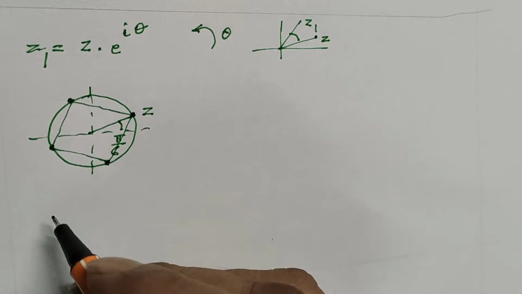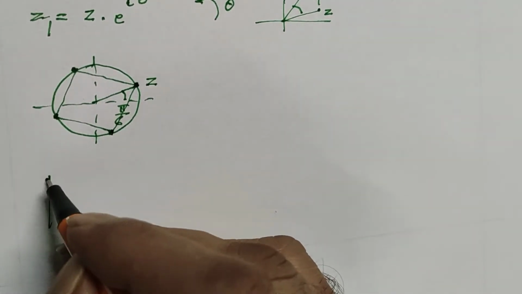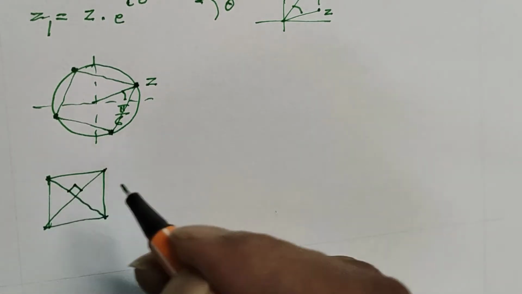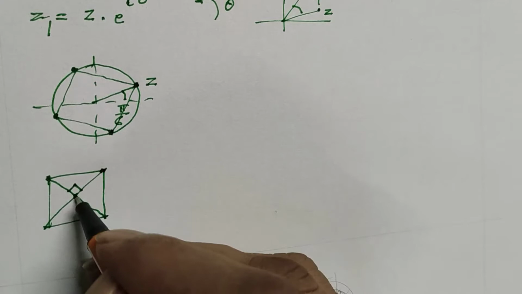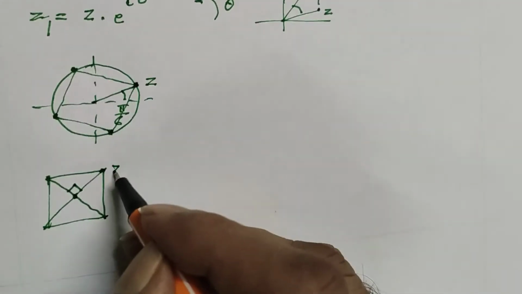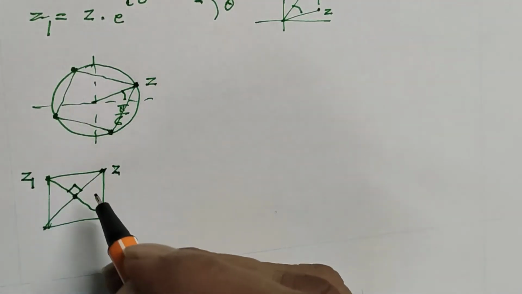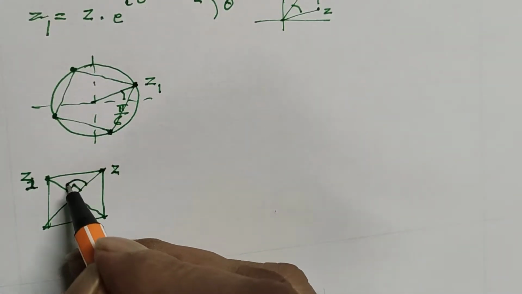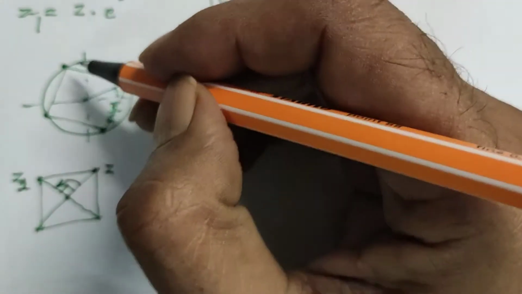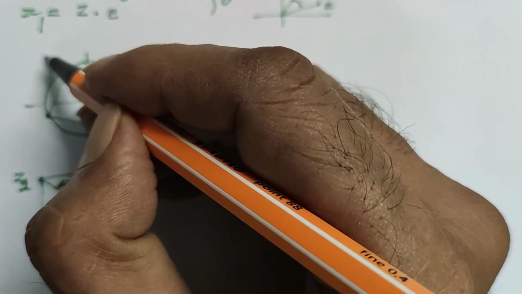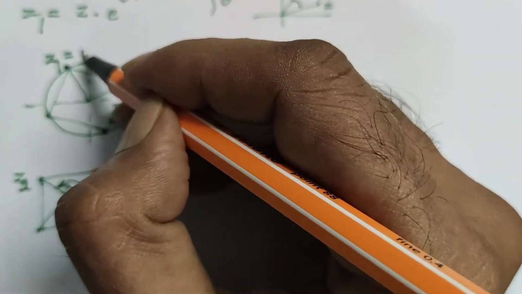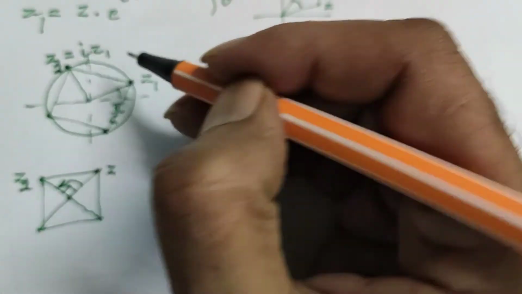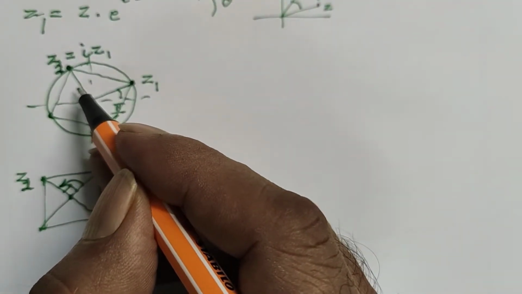We know the property of a square is that the diagonals bisect at 90 degree. So if this is the center of the circle and this is the point z1, then z2 will be 90 degree turned in the anti-clockwise direction. So z2 simply becomes i z1, because we have turned it by 90 degree.